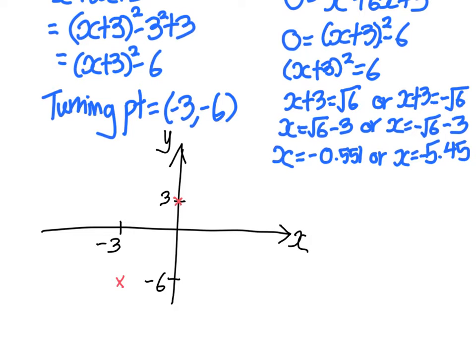Just that instead of putting negative 0.551, you will put the exact value, which is square root 6 minus 3. And the other value, which is minus 5.45, you will approximate is somewhere on the other side. And instead of putting that, you will put minus square root 6 minus 3 instead, and label the x-intercept.